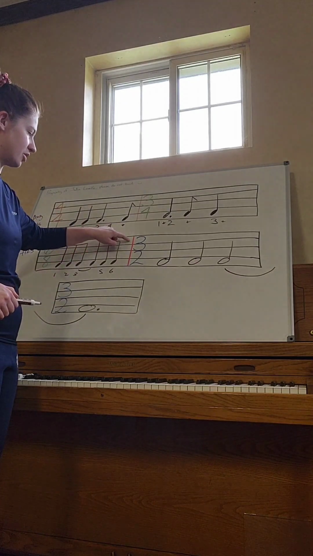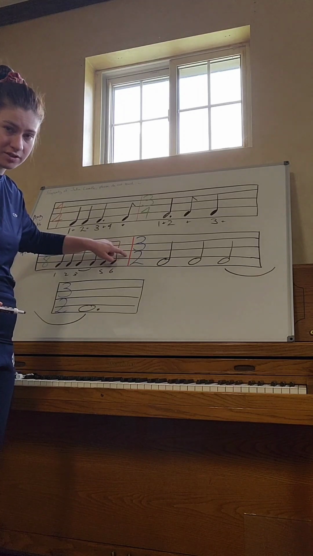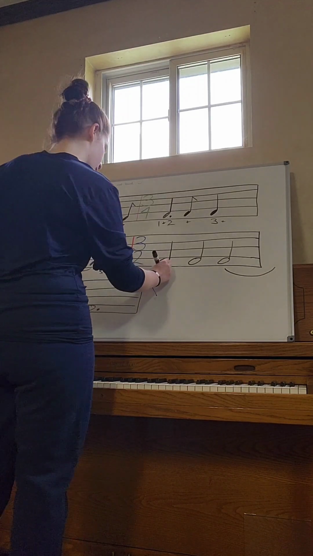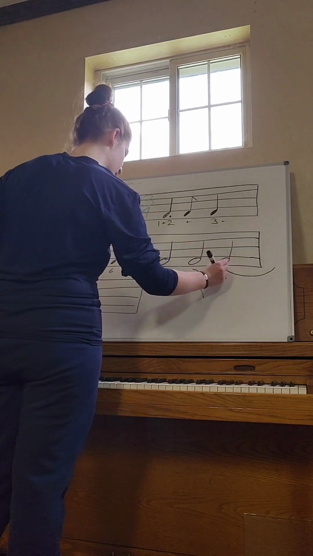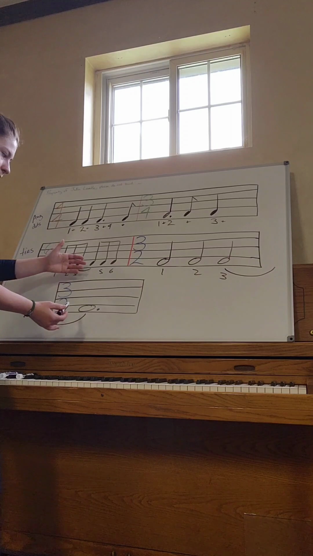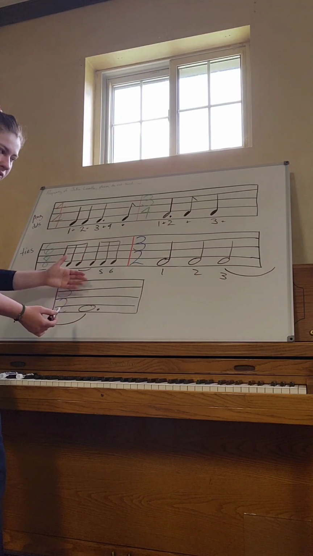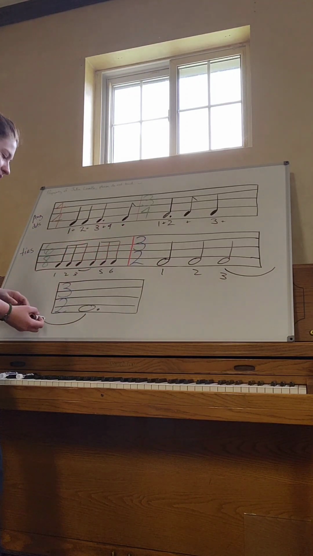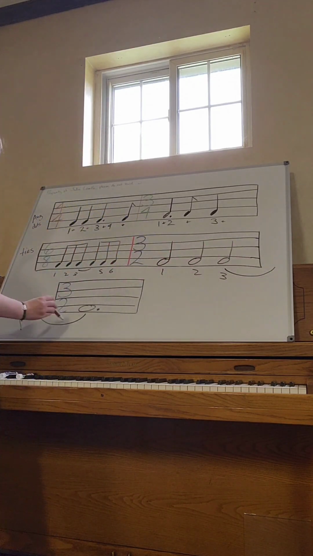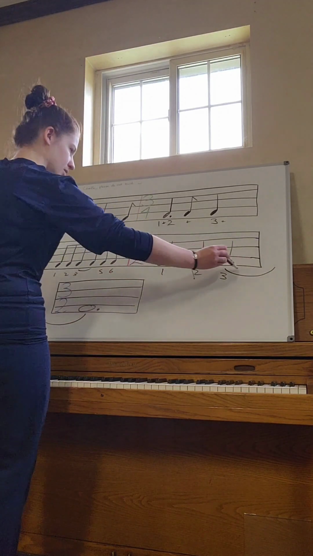3 beats per measure. The half note has the beat. So, 1, 2, 3. Oh, but now see, we've moved staffs. We're at the staff below, so this line connects the staffs.